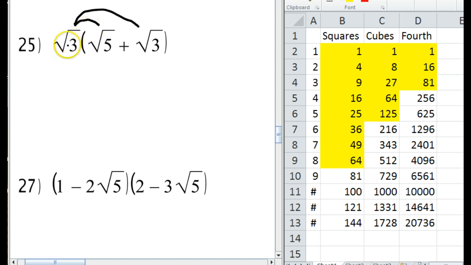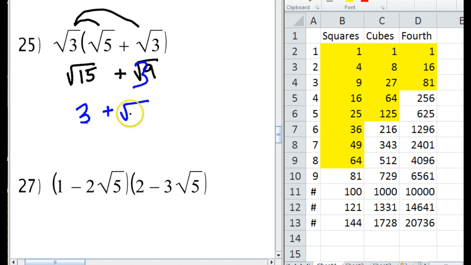So what is root 3 times root 5? Just root 15, yeah. And what's root 3 times root 3? Root 9, which simplifies to 3. Okay. Generally, you'll see it written with the real number first, not the irrational number first, and then the irrational number.